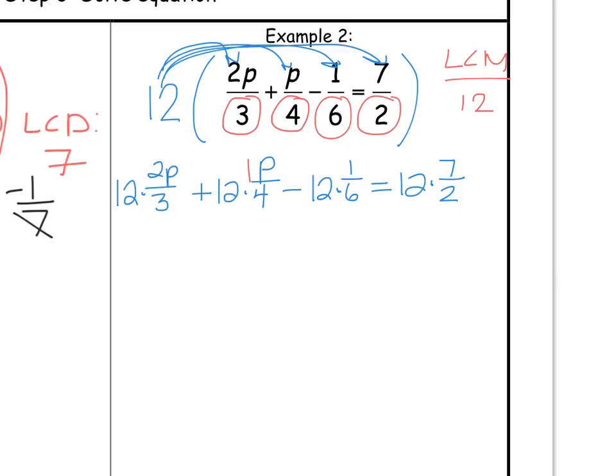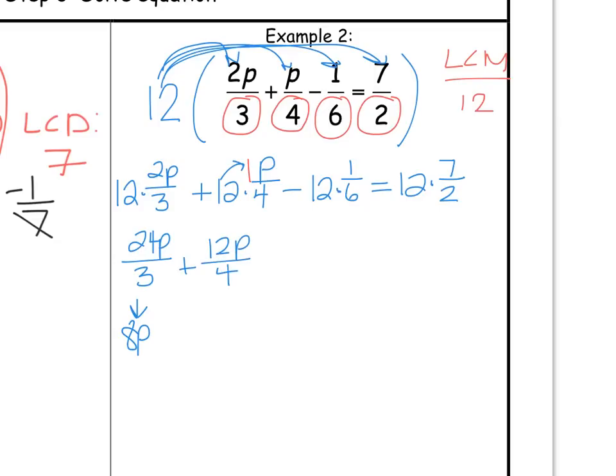So if I do 12 times 2, that's going to give me 24, and there's a p, and then I get 24p over 3. That's going to simplify to 8p. 12 times 1 is 12. There's a p on top.